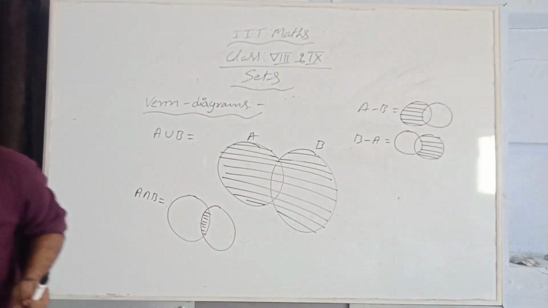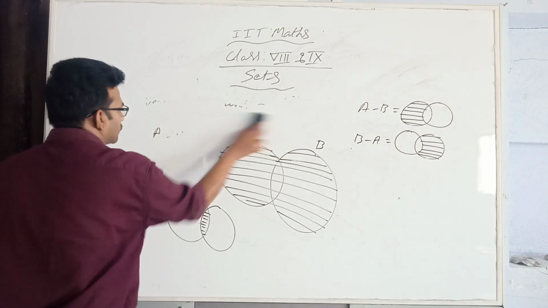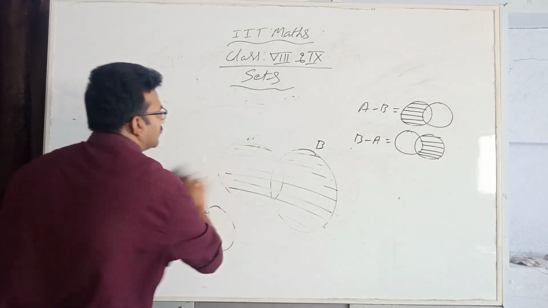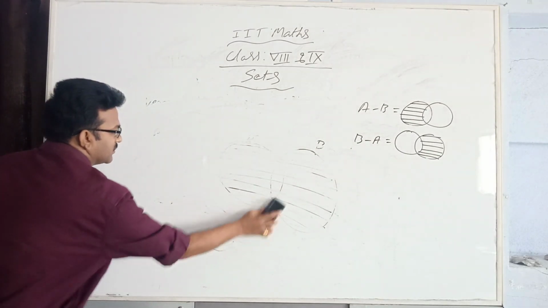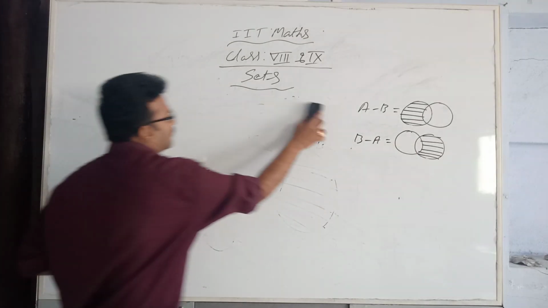Next we are going to take cardinality of the sets. Cardinal number. Cardinal is nothing but magnitude. Cardinal means number of.